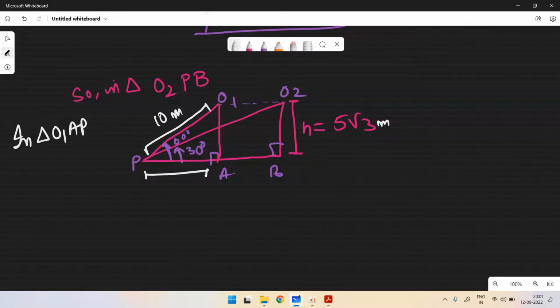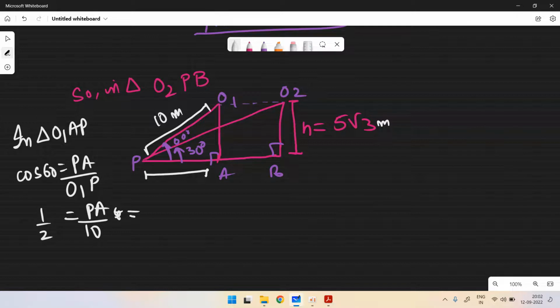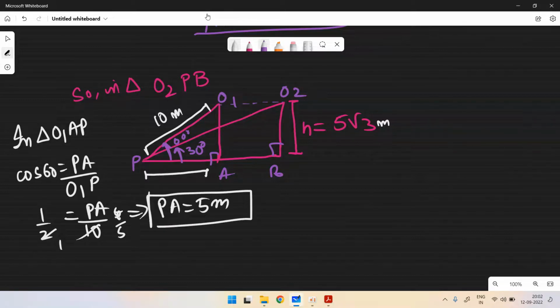Base by hypotenuse is cos theta. So cos of 60 degrees is PA by O1P. PA is not given, O1P is 10, and cos 60 degrees is a half, which implies PA is 5 meters. So we have calculated this as 5 meters.